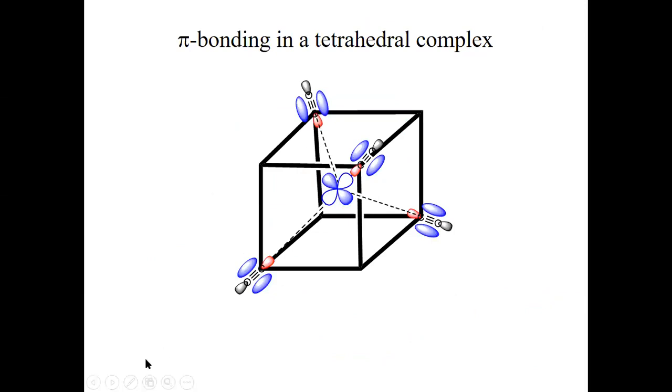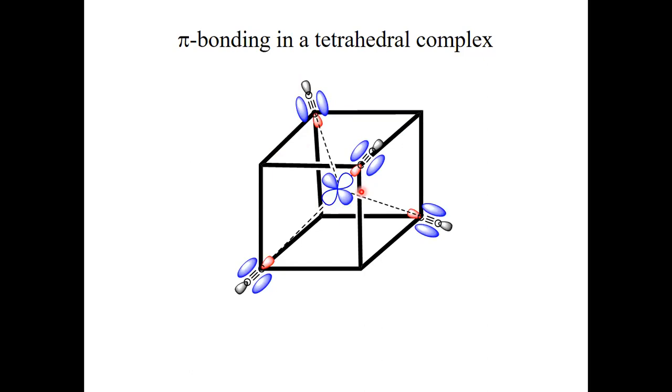So we said that in a tetrahedral complex, we do not really have exact pi bonding because the way the pi orbitals in the ligand are oriented does not provide exactly pi overlap with the metal d orbitals, but nonetheless there are interactions and we can approximate these as pi interactions.